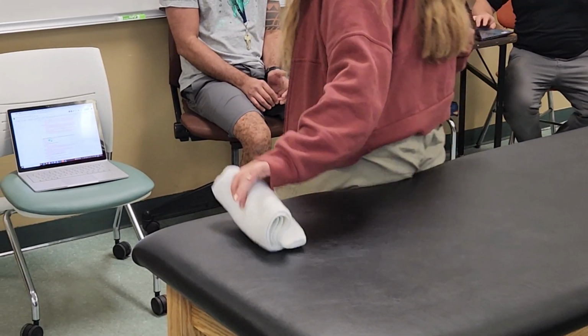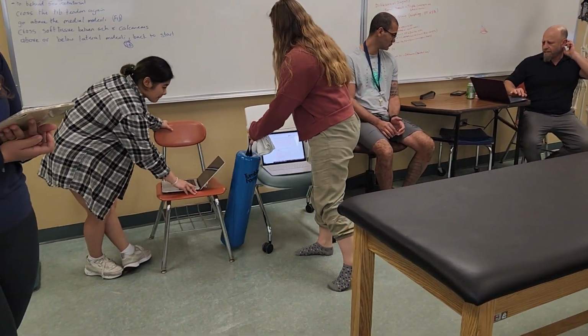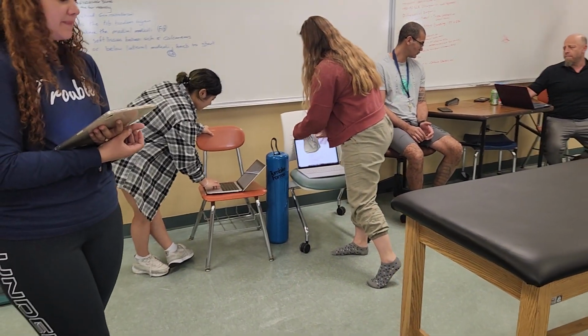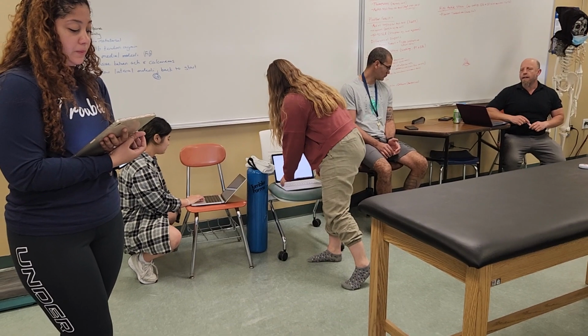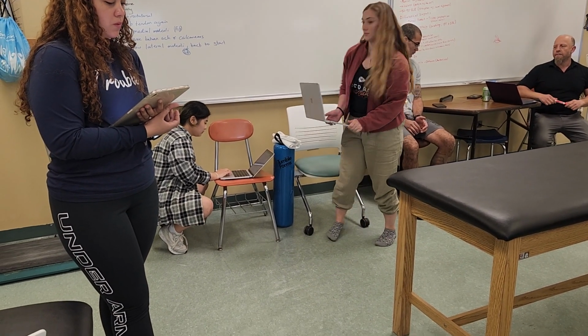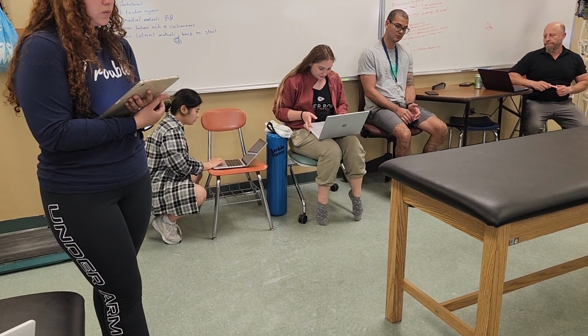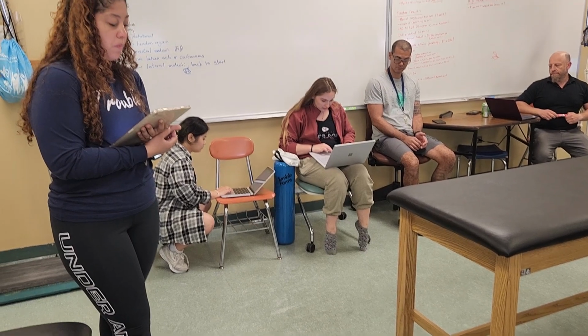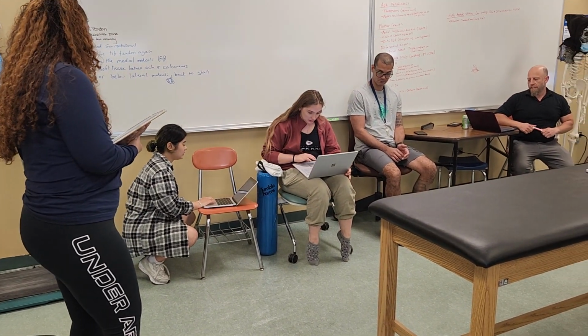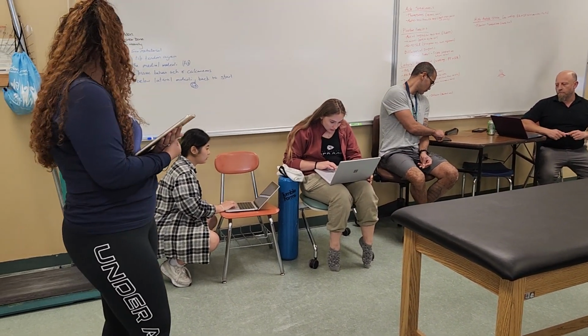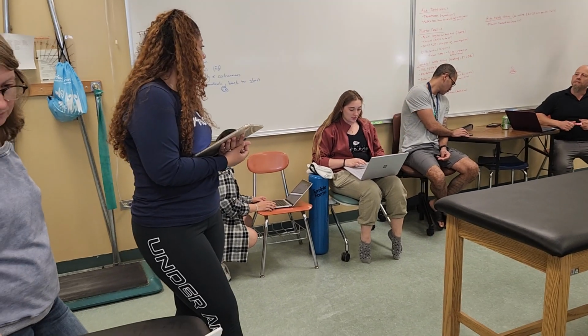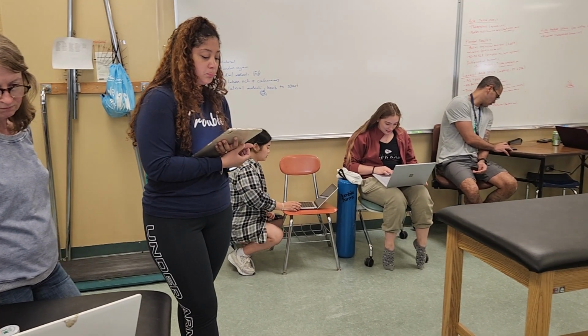Now, do you have any differential diagnosis? Oh yes. So we're going to talk quickly about a high ankle sprain versus a lateral ankle sprain. What is the mode of injury? First of all, what's the mode of injury for a high ankle sprain?